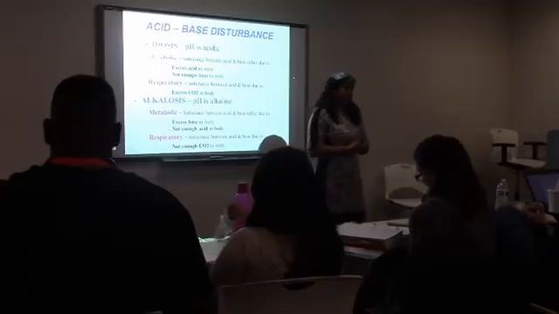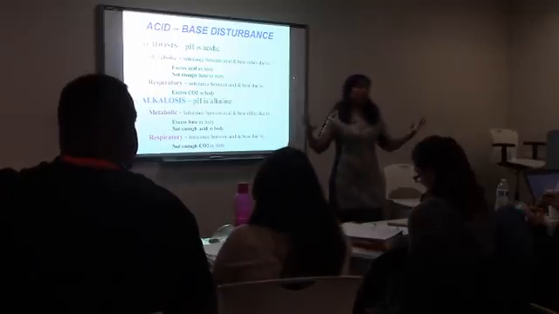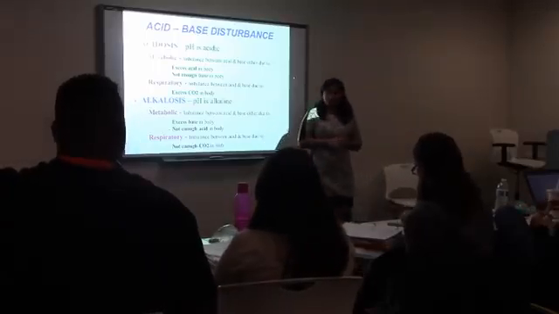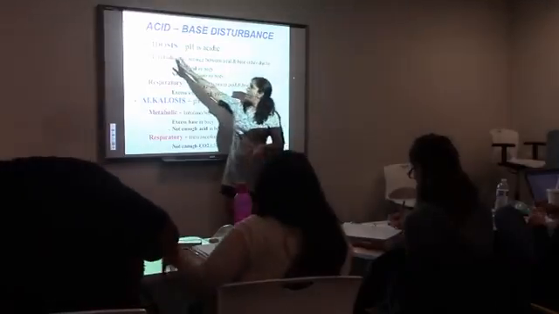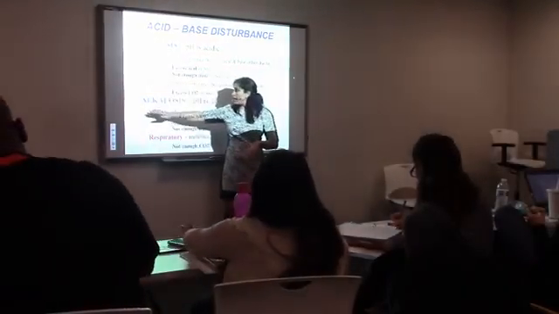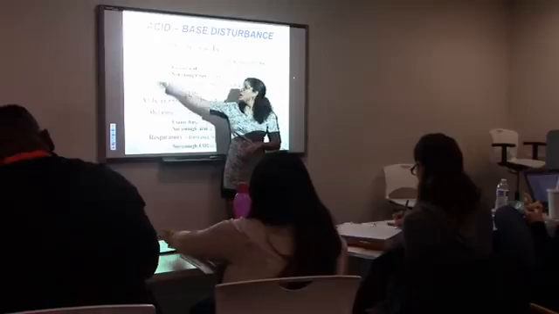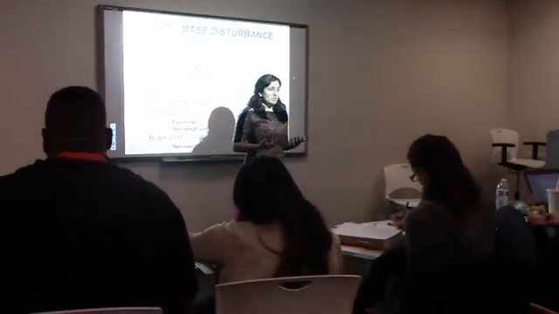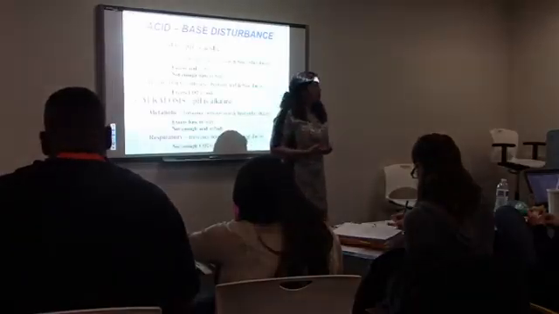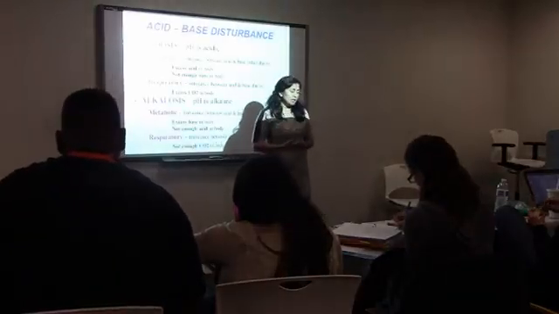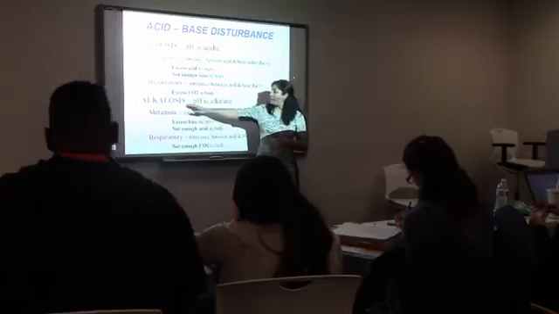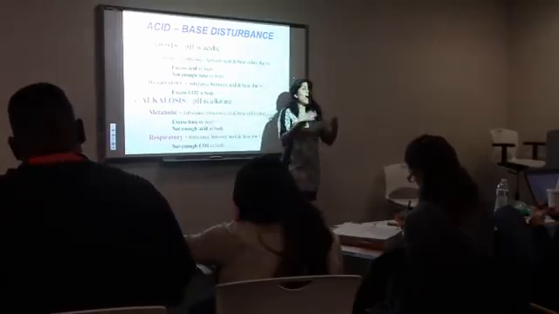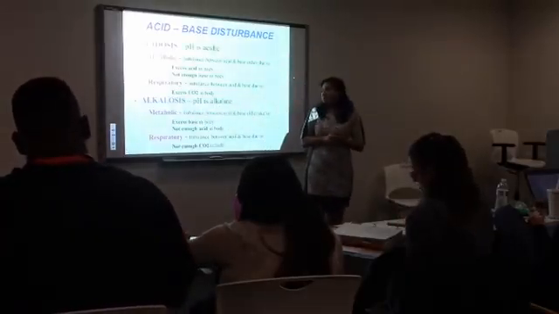Now, acid-base disorders. There are two main classes of acid-base disorders: acidosis or alkalosis. Acidosis means that you are acidic; your pH is low. Alkalosis means that your pH is alkaline or high, meaning you're basic.